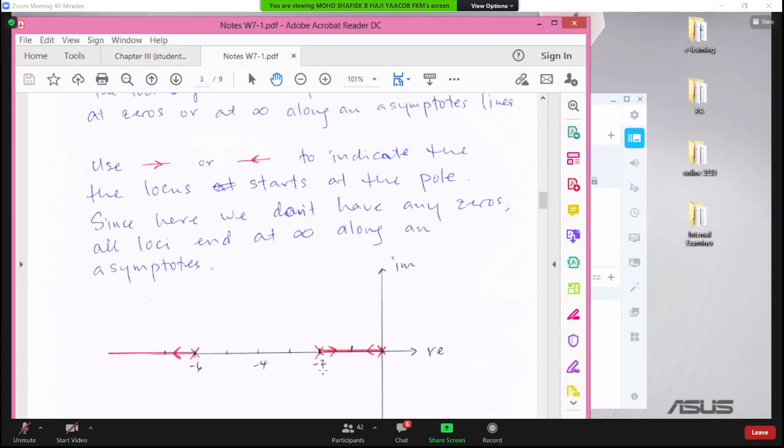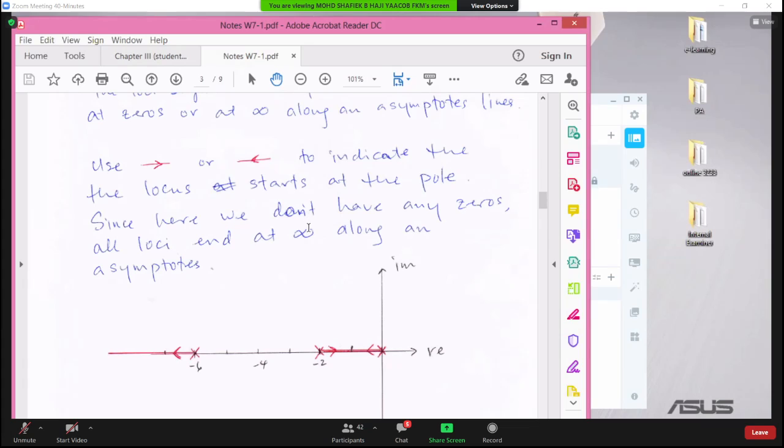There's one pole at -2, it's going to go to the right, because there's no locus to the left of -2. We have another pole at -6, so it's going to leave this pole to the left. That arrow indicates where the locus starts.